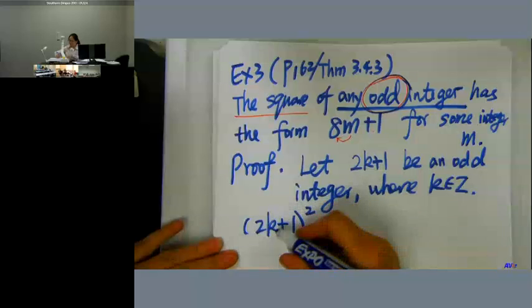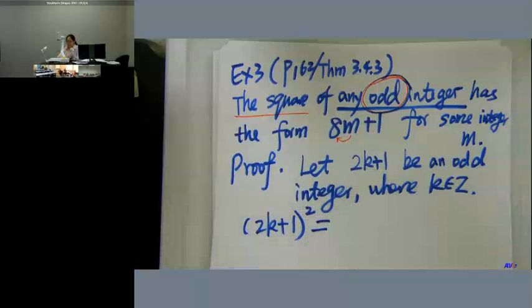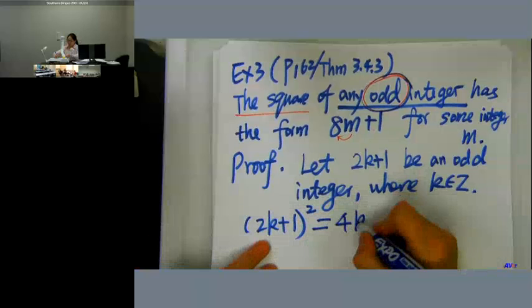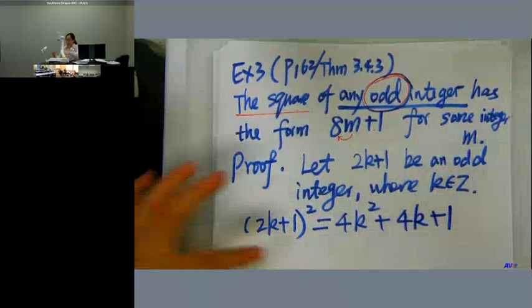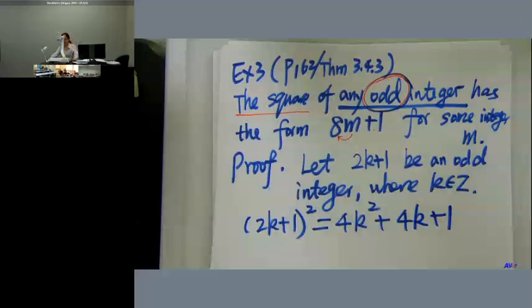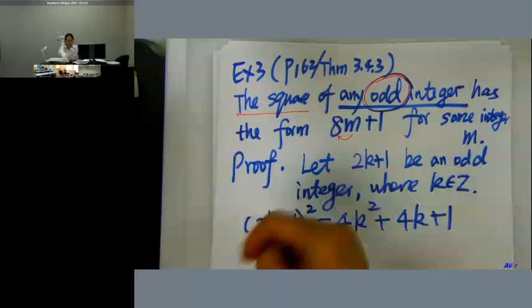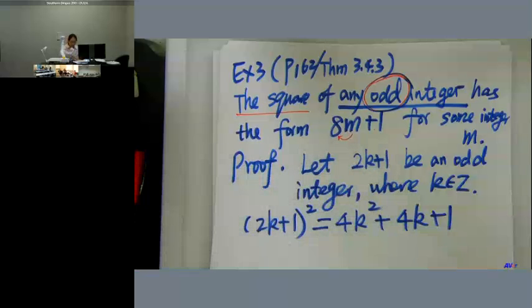You do FOIL: 4k squared plus 4k plus 1. All right. Does it have this format 8m plus 1? No, it does not, right? So if you want to get this format, the plus 1 does match.